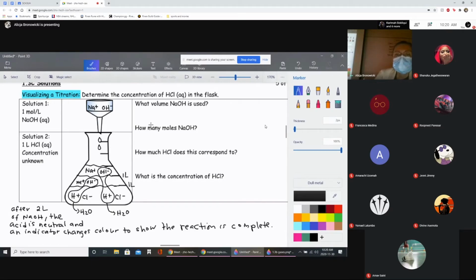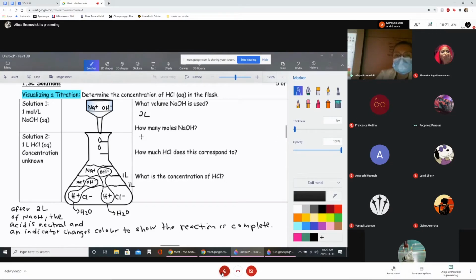So what volume of sodium hydroxide do you use? Well, I use 2 liters. If I use 2 liters of sodium hydroxide, how many moles of sodium hydroxide did I use? 2 moles. So how much hydrochloric acid does that correspond to? Each OH minus corresponds to an H plus.